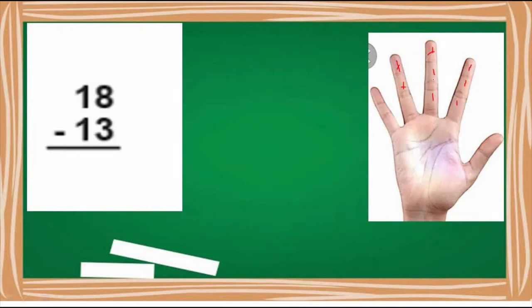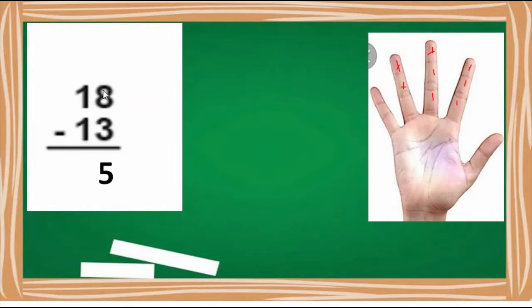Now look at your hand. See how many fingertips are remaining there. 1, 2, 3, 4, 5. So we can say that 8 minus 3 is equal to 5. 1 minus 1.